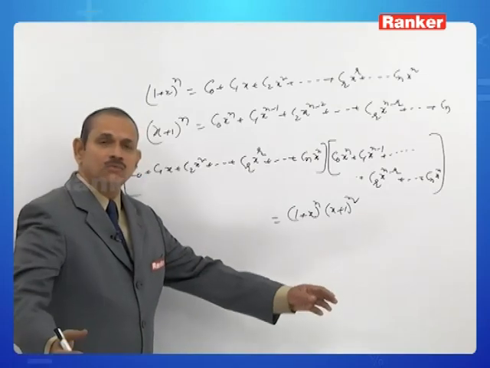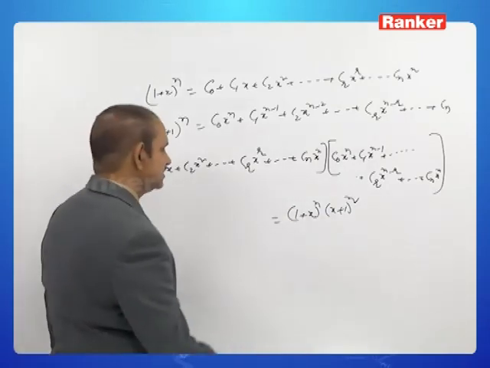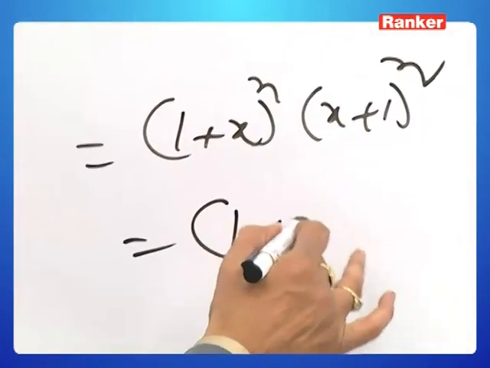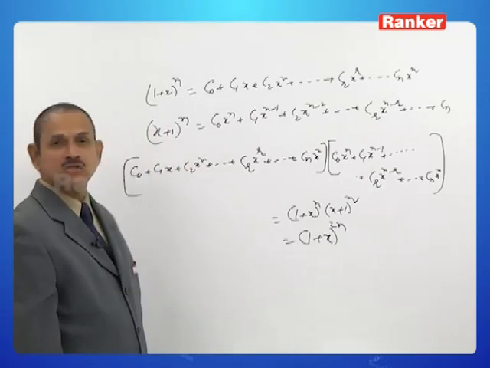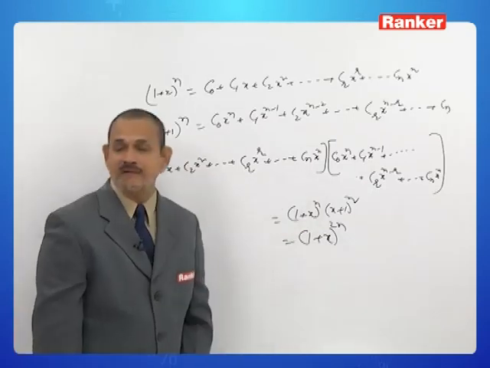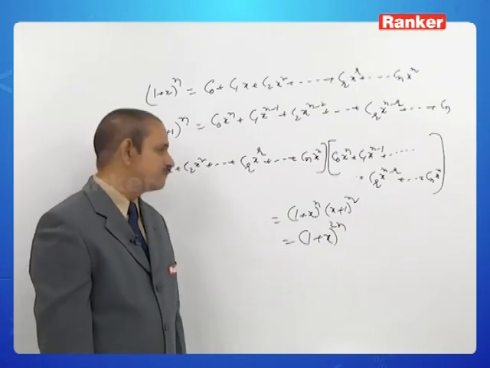You could find no difference at all between 1 plus x and x plus 1. Hence, this expansion could again be taken as (1 plus x) to the power of 2n, isn't it? (1 plus x) power n into (1 plus x) power n, that is (1 plus x) power n plus n, that is (1 plus x) to the power of 2n.